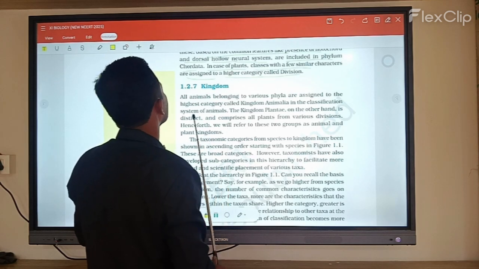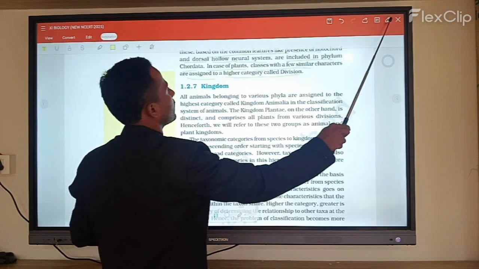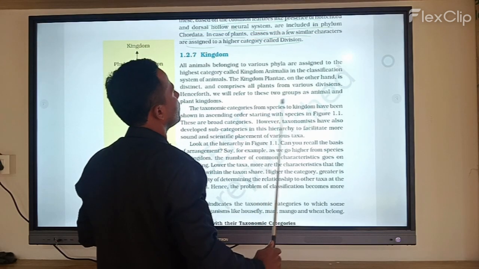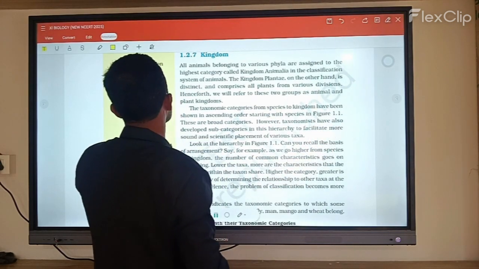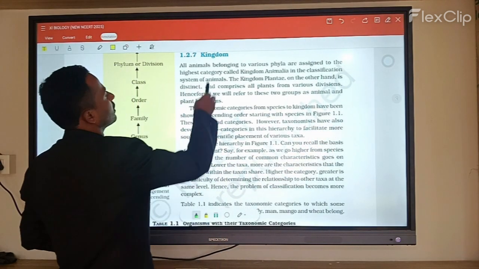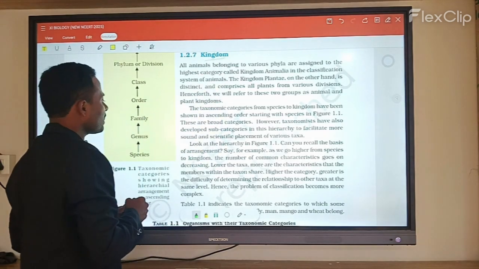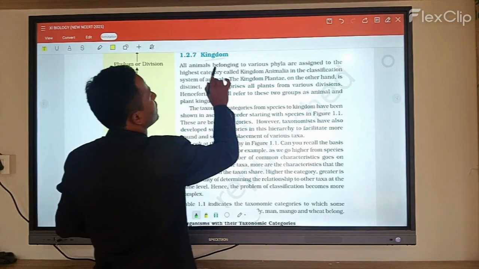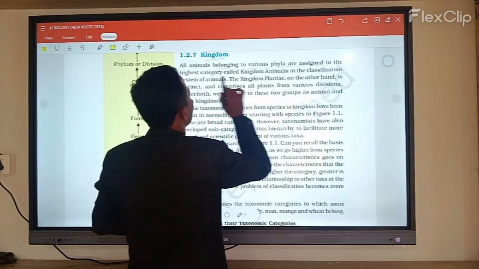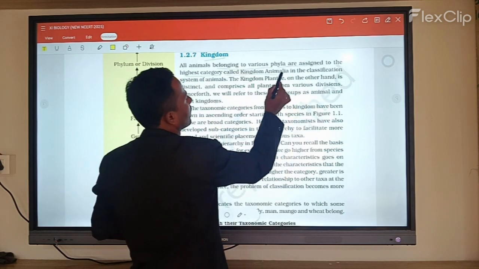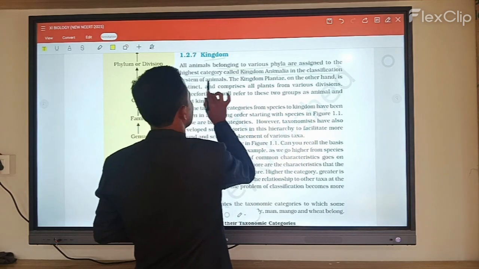Next one is kingdom. In this, the kingdom is the highest hierarchy level. All the animals belonging to various phyla are assigned to the highest category called the kingdom. Animalia is the classification system of animals.